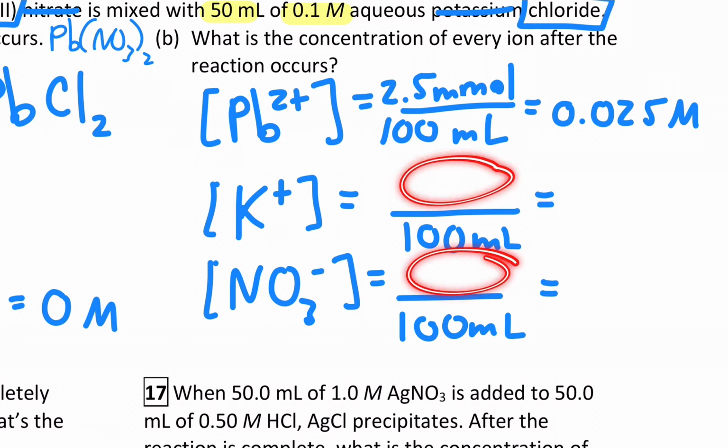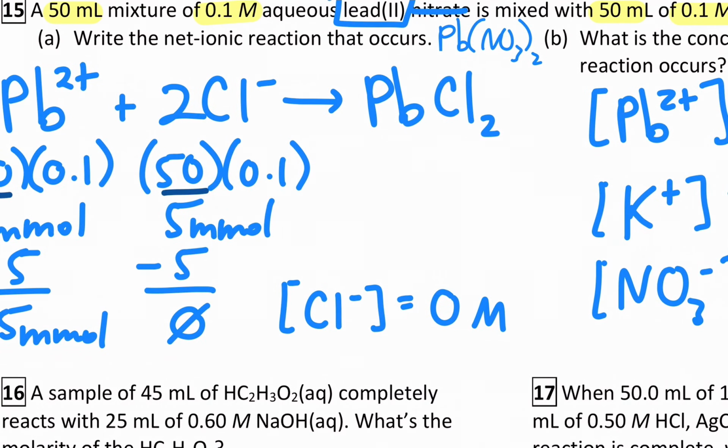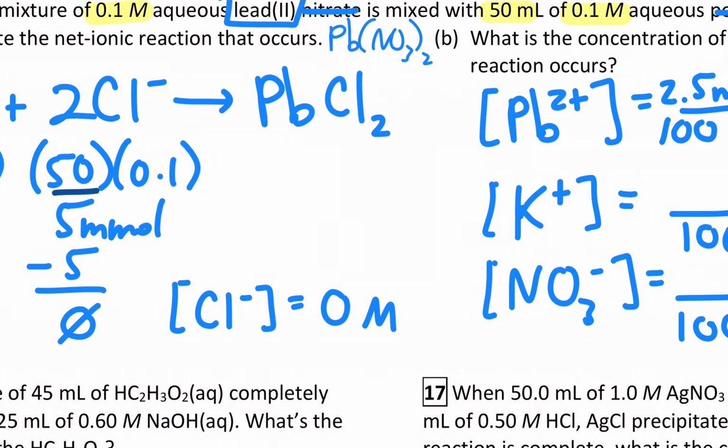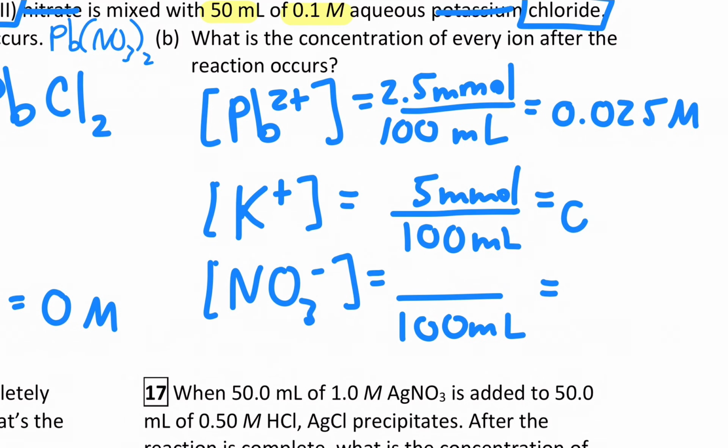What's my numerator for each case? Well, the potassium ion is a 1-to-1 ratio of chloride. So however much chloride we had in the beginning, that's how much potassium we had. And we figured out we had 5 millimoles of chloride. That means we have 5 millimoles of potassium. So my molarity of potassium is 0.05.